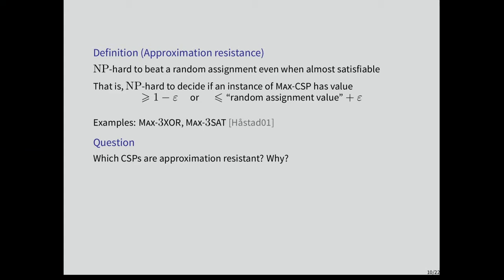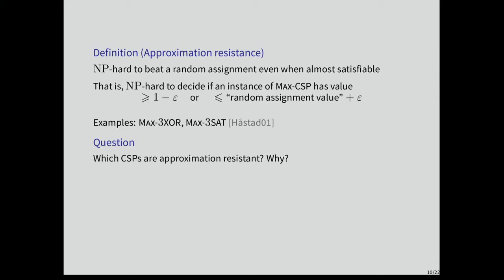A random assignment's value means what fraction of constraints you will satisfy in expectation if you just output a random assignment. It will be half for linear equations and 7/8 for Max 3-SAT. In a celebrated work by Håstad, we know that Max 3-XOR and Max 3-SAT are approximation resistant.